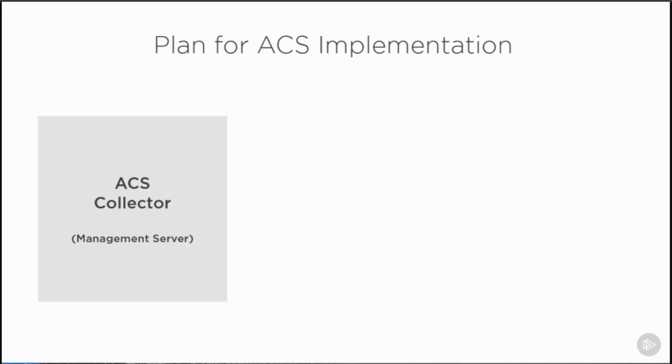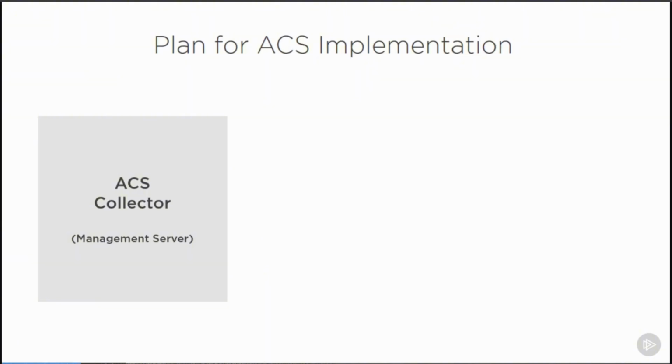We call this an ACS collector because even though you install the ACS collector functionality onto a management server, in that segregated configuration, should you end up separating out the rest of Operations Manager from ACS, that segregation really isolates the collector functions from what's being gathered by the rest of Ops Manager.